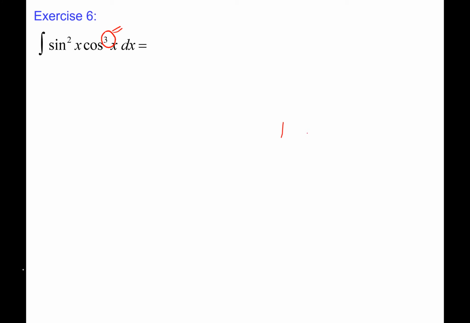I can rewrite it, because I will need one cosine, since I am letting u be sine of x, and then the remaining is even. Let me rewrite for now, sine squared of x, and then cosine squared of x times cosine of x dx. Because that's the one power, and I will keep this to be cancelled out.